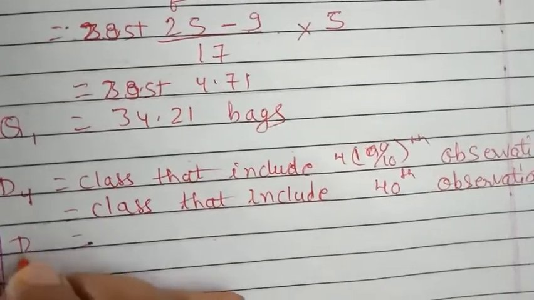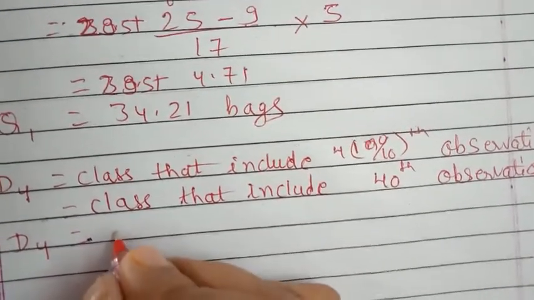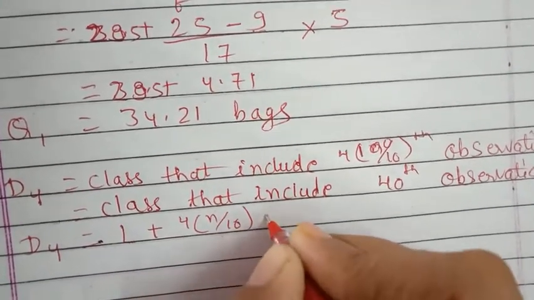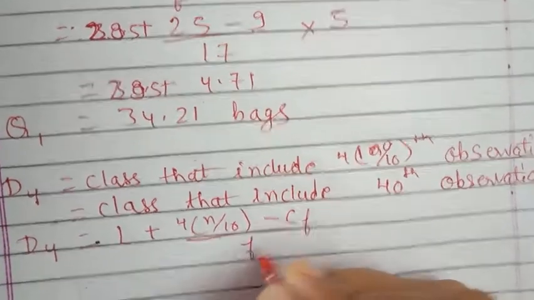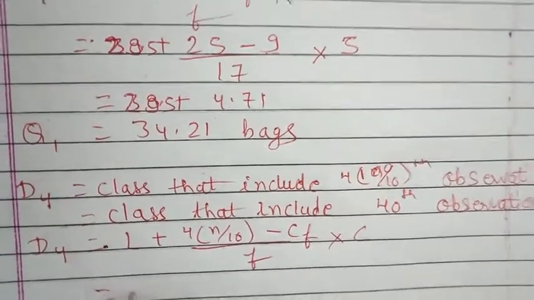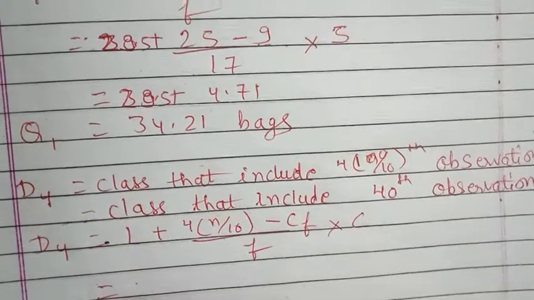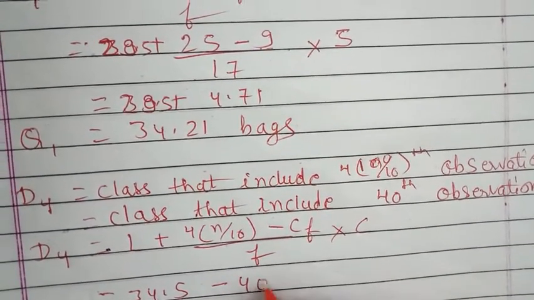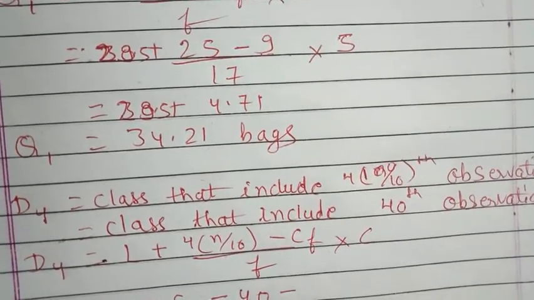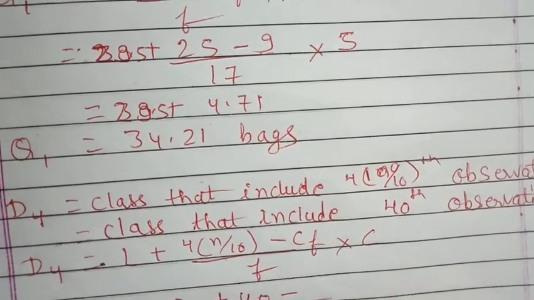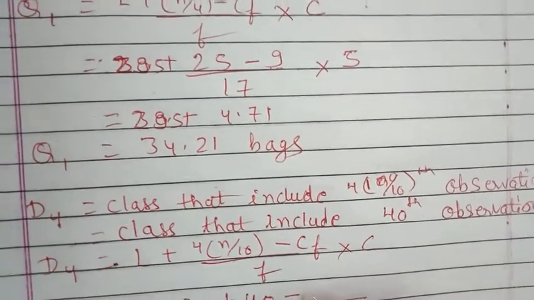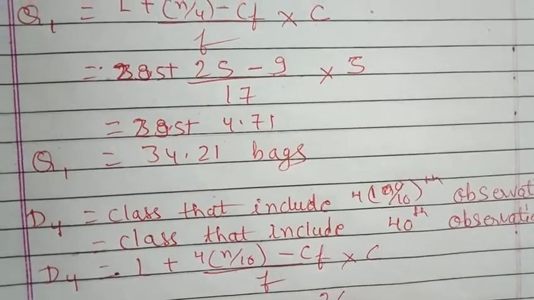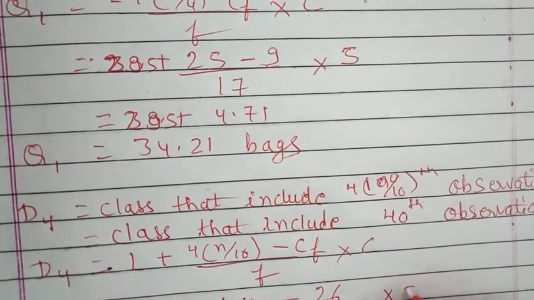So we will put our D4 formula, that is equal to L plus 4n by 10 minus CF upon F into C. So L will be 34.5, 4n by 10 is 40 minus CF is of the previous class, that is 26, divided by F. F is 32 into C is 5.